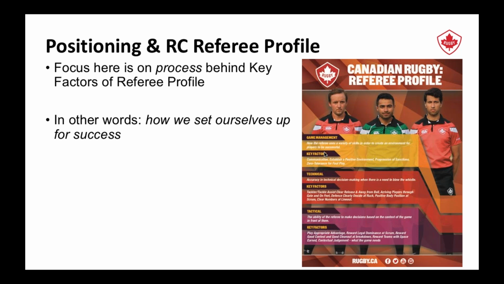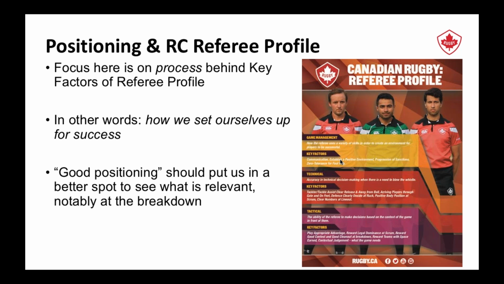In other words, we're looking at how we set ourselves up for success. We discussed this a little bit in the previous webinars as well. When we looked at our pre-game planning, we used it as an example of a process piece that allows us to discover how we can work on achieving a couple of key factors a game. So this is another step in that process.